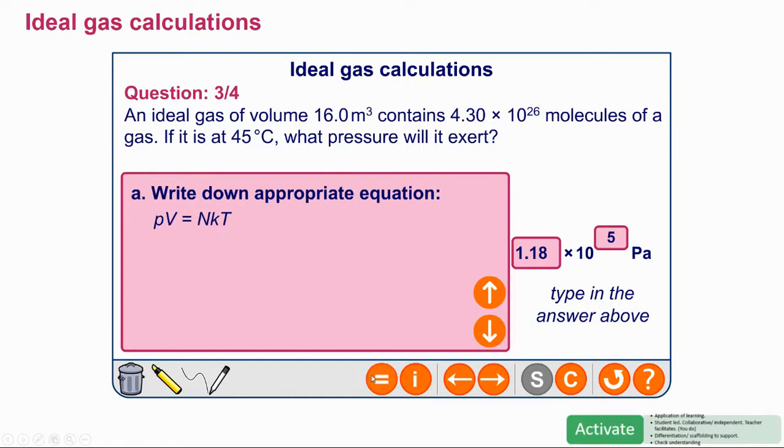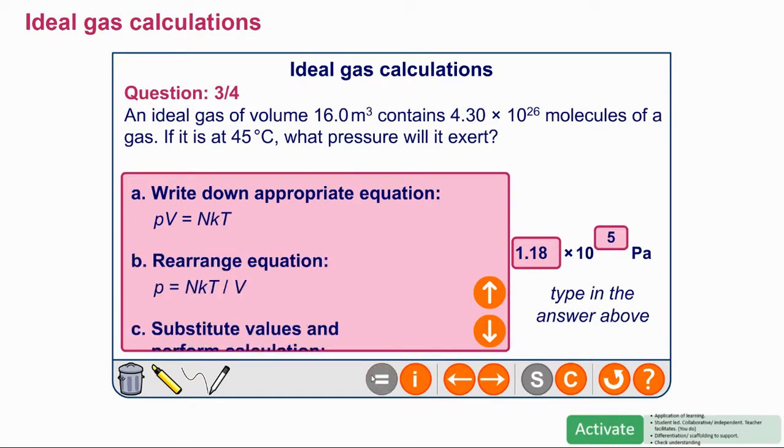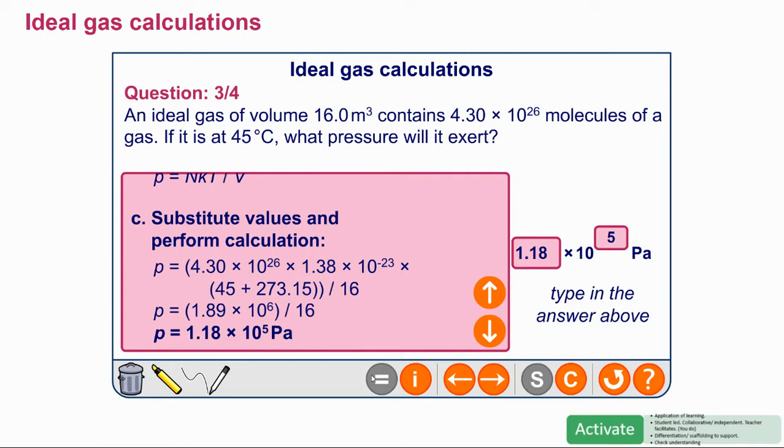And in this case, we're using the form NkT. Rearrange to get our subject, substituting the numbers, being careful that we turn 45 degrees C into Kelvin, and then we've got our solution there. We have our answer.